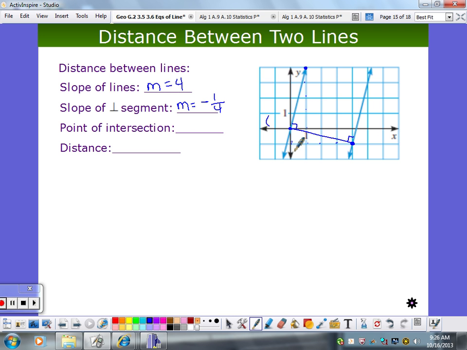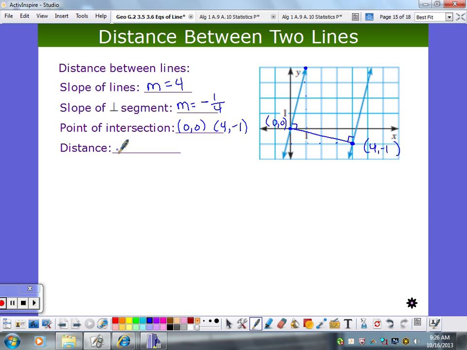So what are my points here? I am at 0, 0, and this one is 4, -1. So these are my points of intersection for both. So can I find the distance? I have 2 points. I want the distance of this segment, and that will be the distance between the two parallel lines.